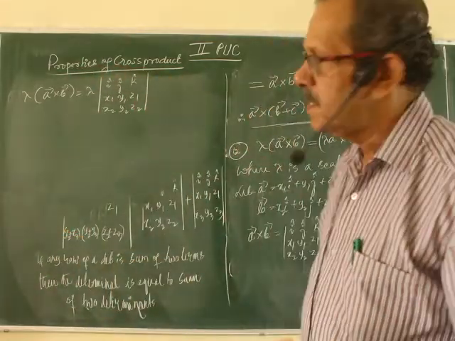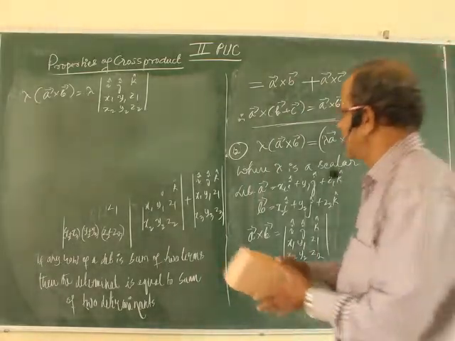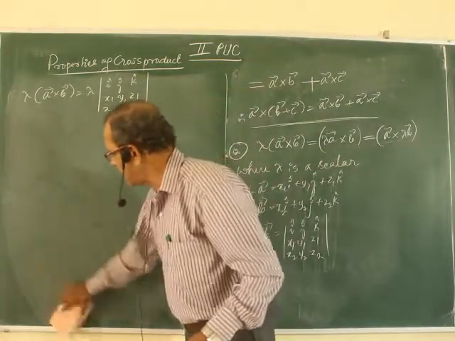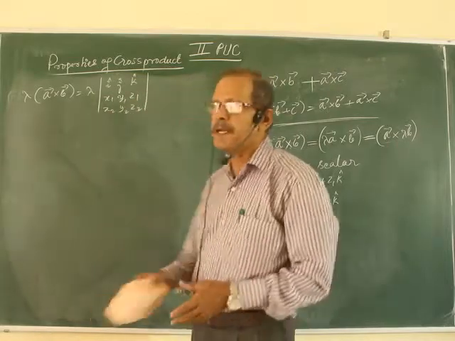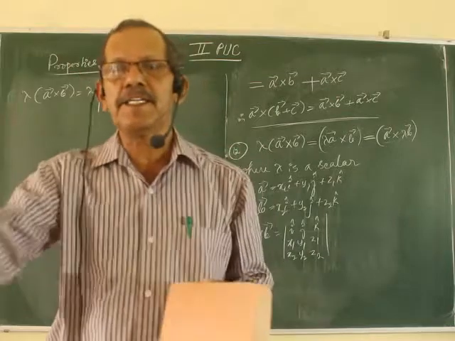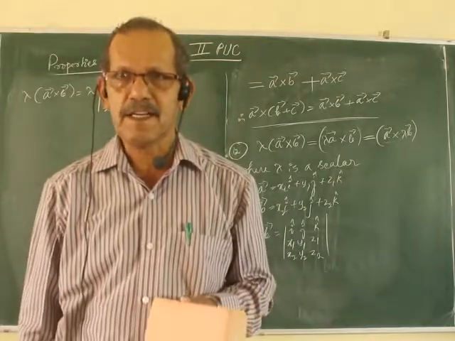Now again go back to the topic determinants. If any one row or column is multiplied by a number, a scalar, then the whole determinant is multiplied by that number. Do you remember that?